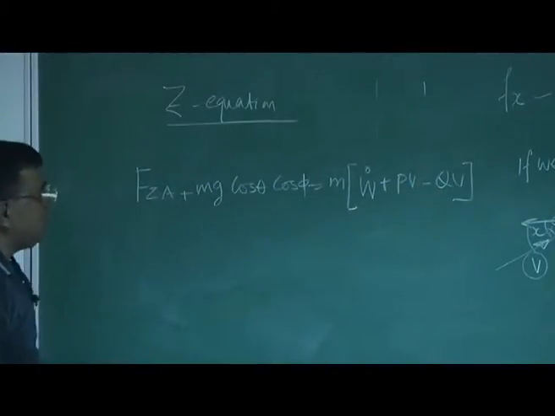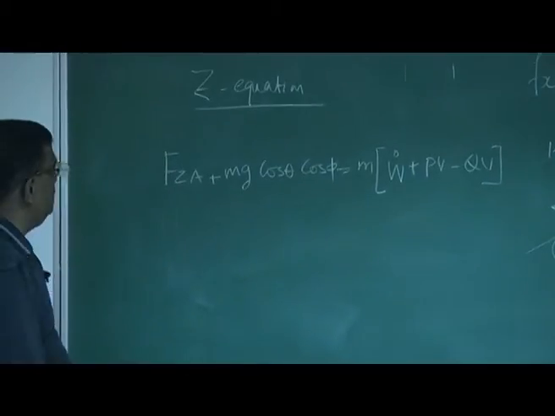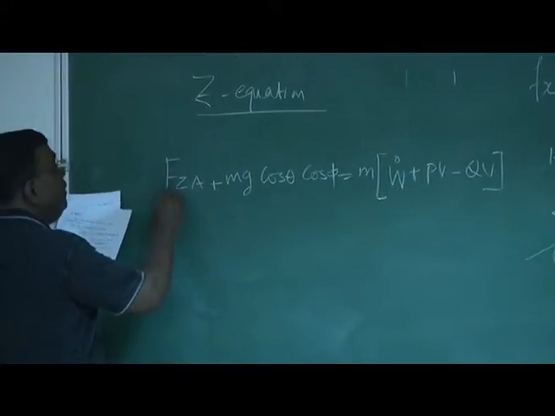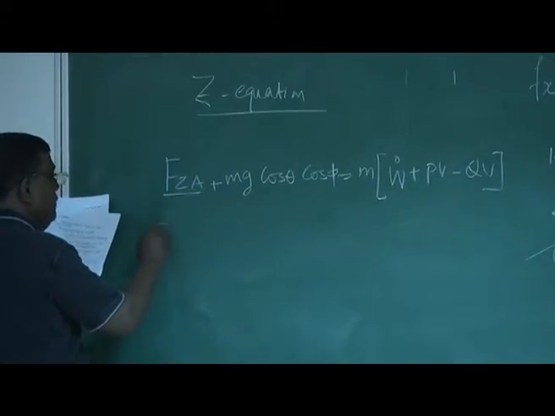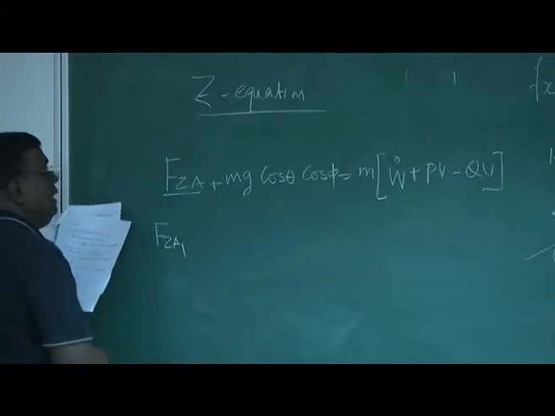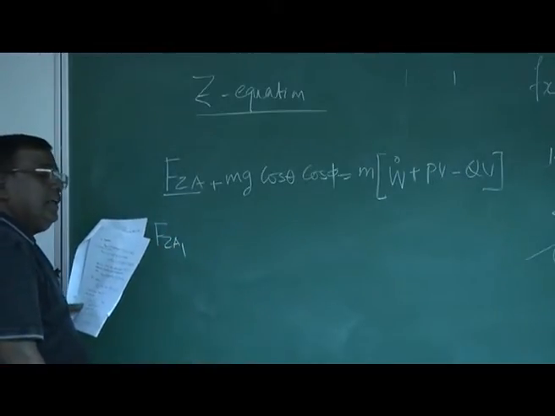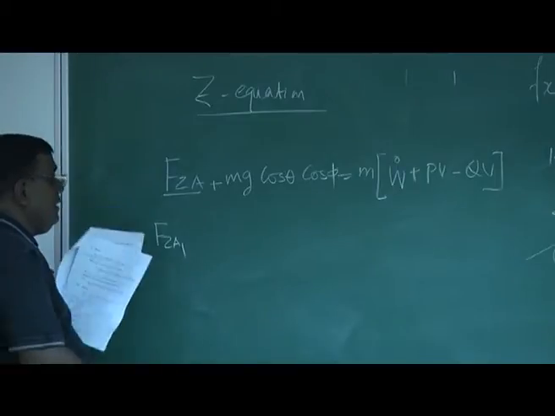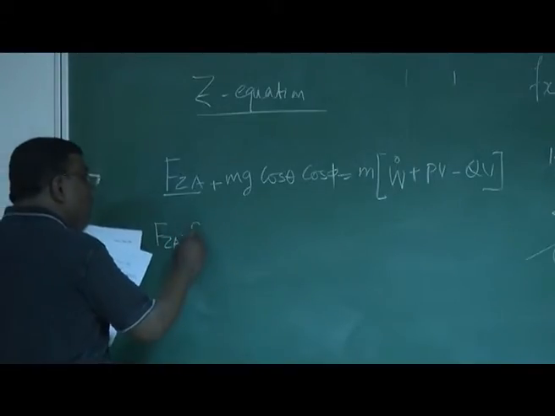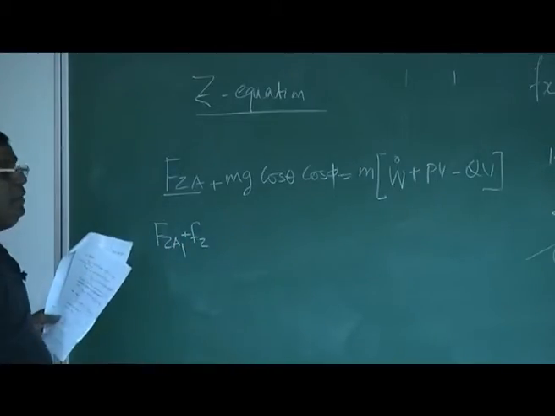Now we will introduce perturbation. For F_z_A, I write F_z_A1, the aerodynamic force acting along the z direction at steady state, plus, because of perturbation, a force F_z.